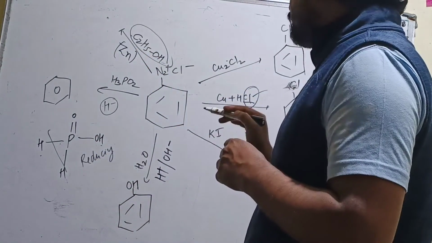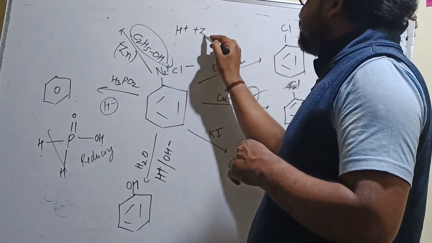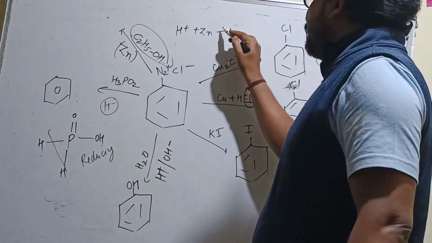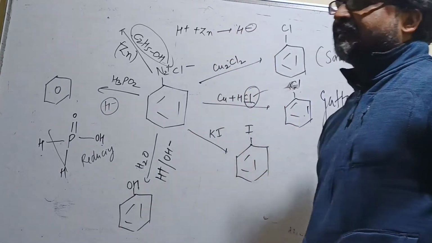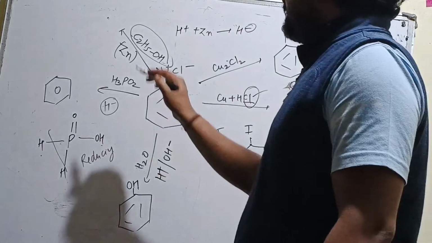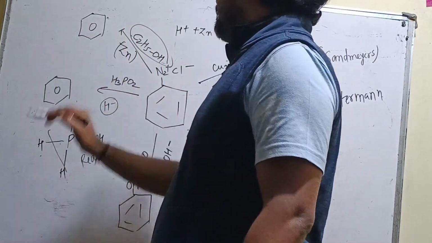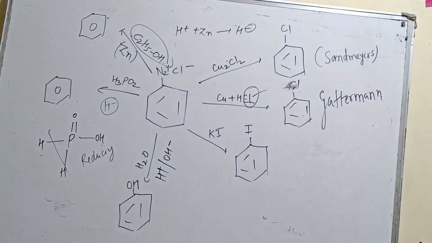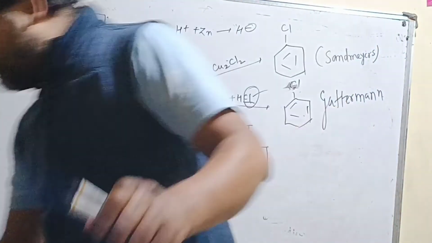The job of C2H5OH is to provide H plus, and zinc will provide 2 electrons to make it H minus, and you can again make benzene. These are very important reactions of the diazonium salt, which you can learn quickly.